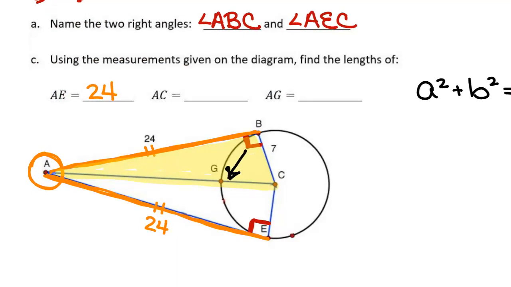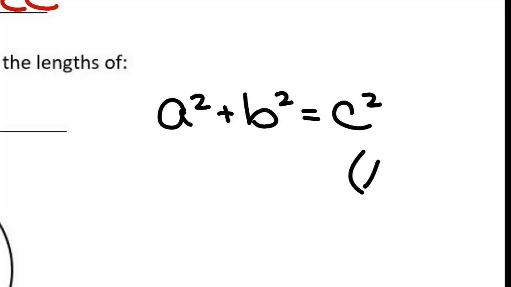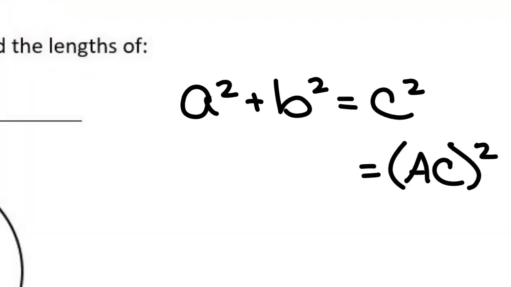AC, opposite my right angle. So this right here is the hypotenuse. So I'm going to put AC in the place of C. So what would go in for A and B then? 7 and 24. It does not matter which one goes where. One goes in for A, the other goes in for B.